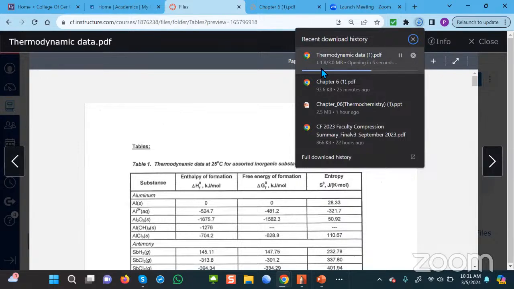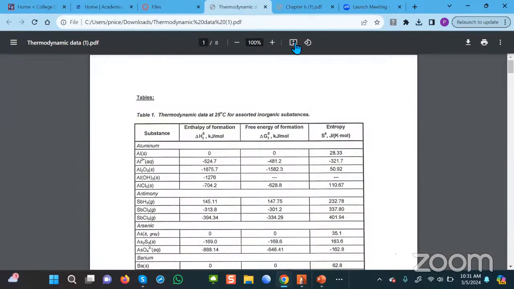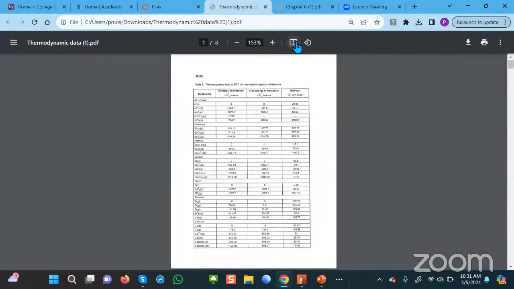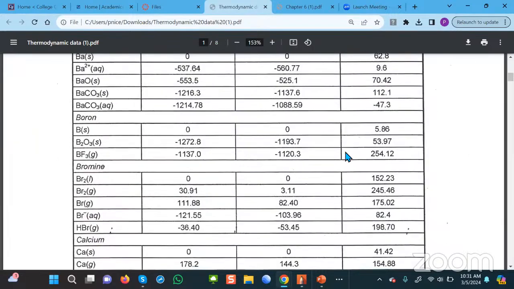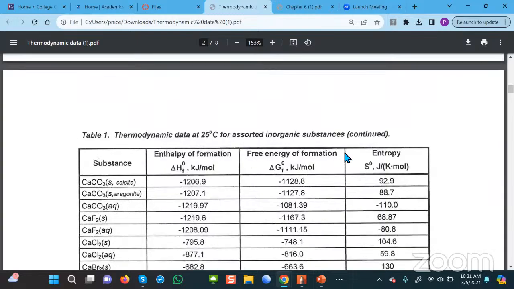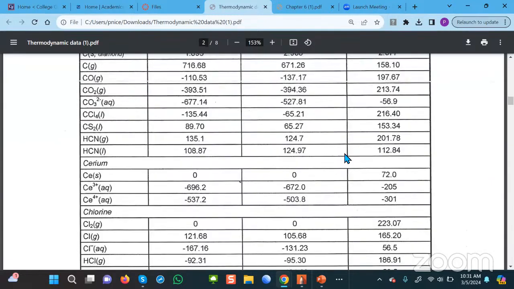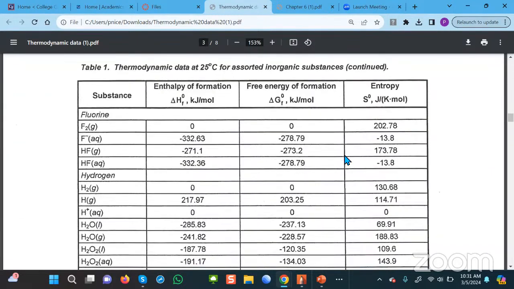a table which gives you a list of elements and compounds. Let me just check something here. I think it's listed in alphabetical order.